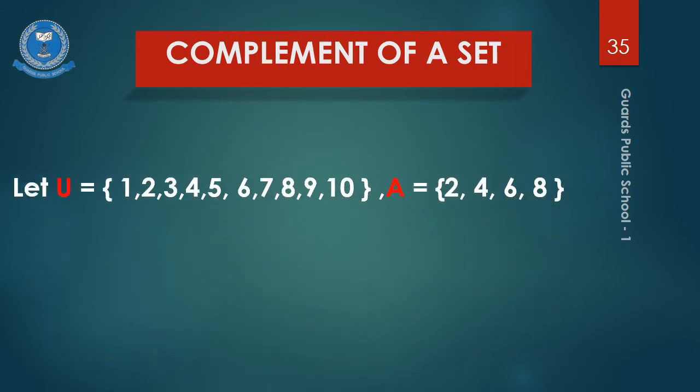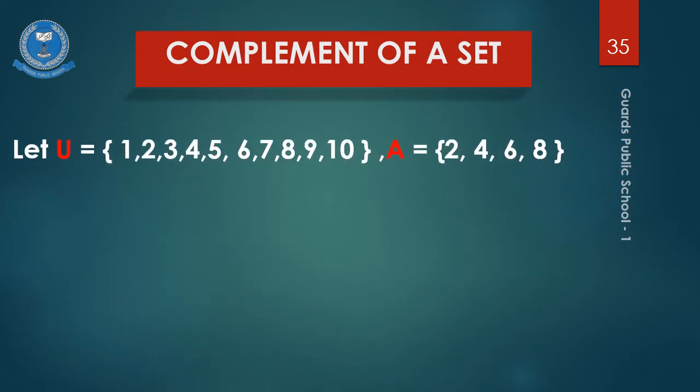Consider the example here. Let U, the universal set, be equal to 1, 2, 3, 4, 5, 6 and 7, and set A is equal to 2, 4, 6, 8.